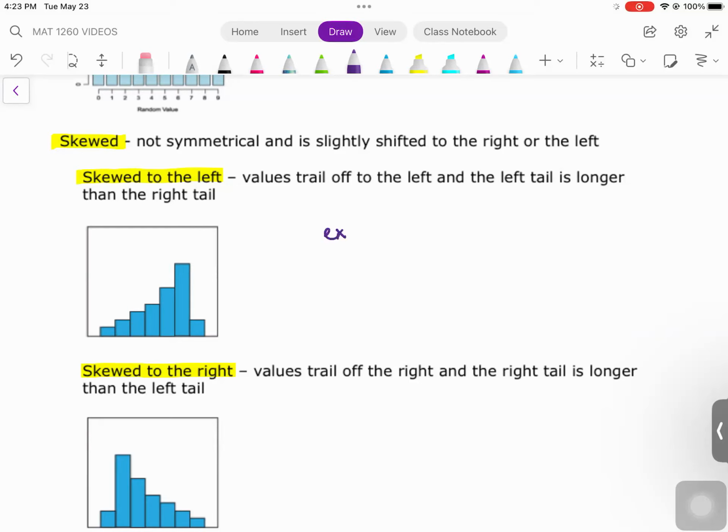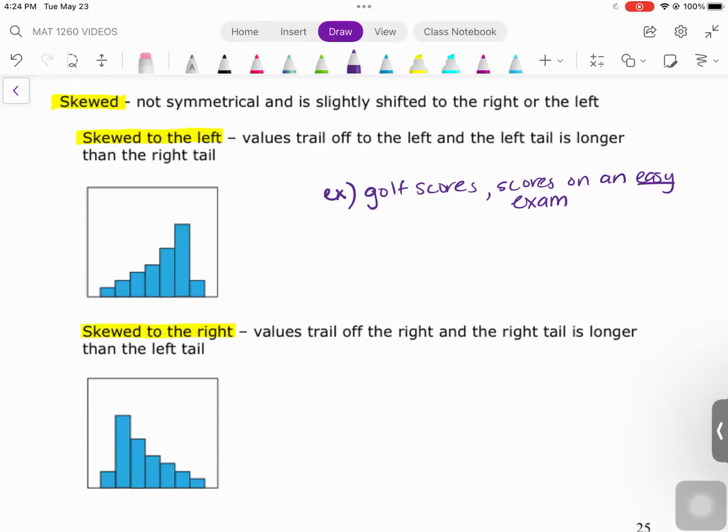So some examples of data sets that might have a skewed left distribution: golf scores, since there are more people scoring higher in golf, because a lower score is typically reserved for elite golfers, or scores on an easy exam. If the exam is easy, you would expect more people to score higher grades.